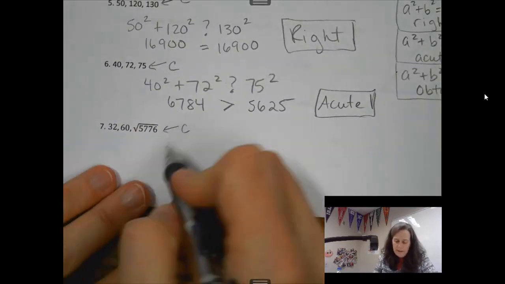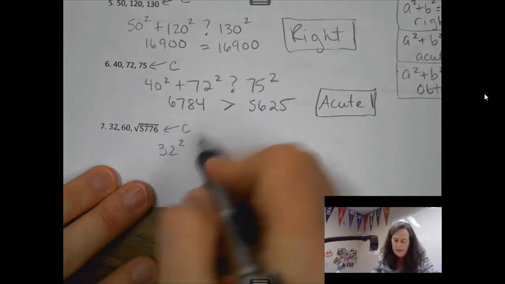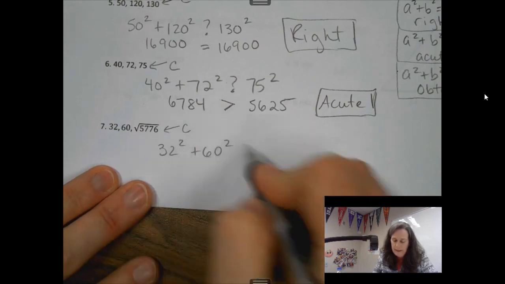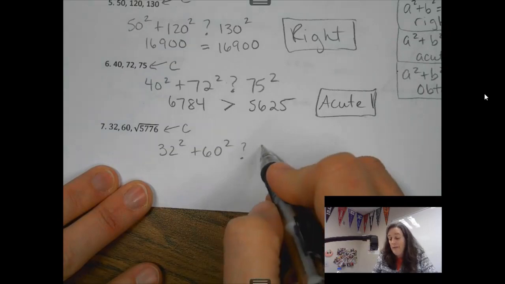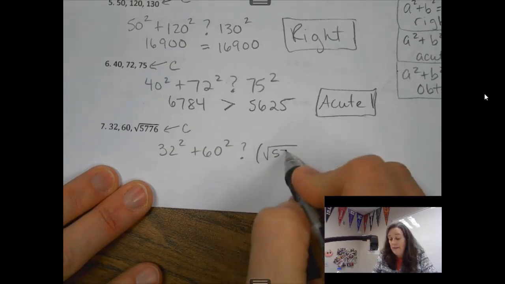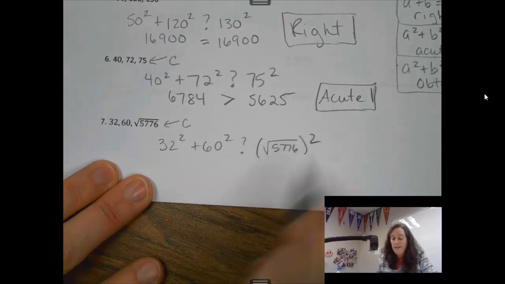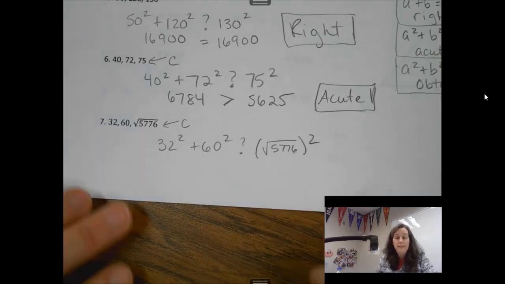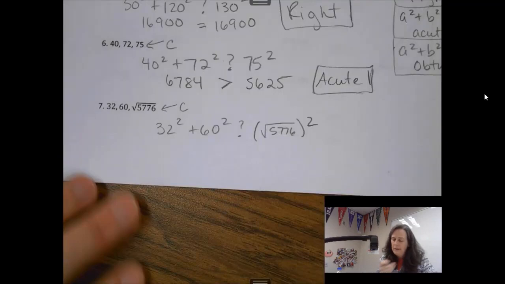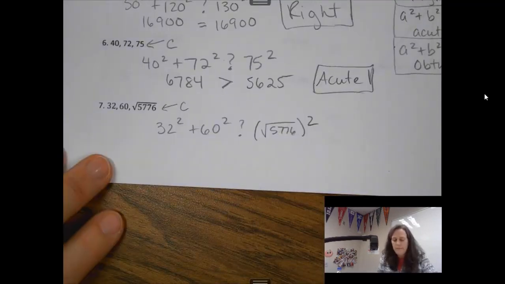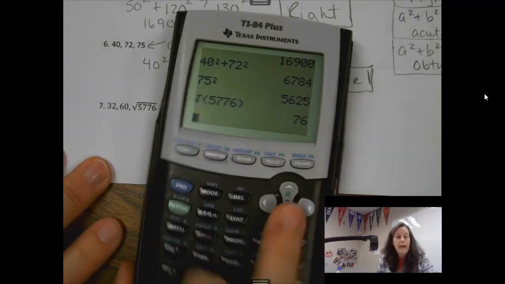Okay, so let's do, is 32 squared plus 60 squared, what's that relationship to the square root of 5,776 squared? I already know what that number is since I already put it in my calculator. Oh, wait. Yeah.